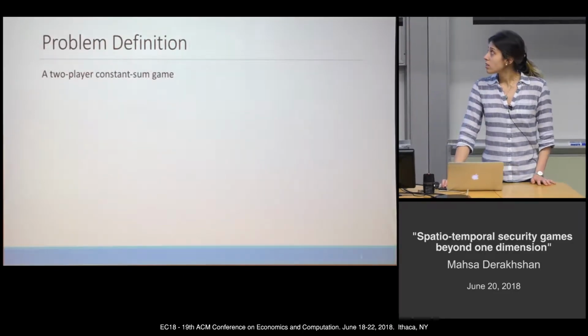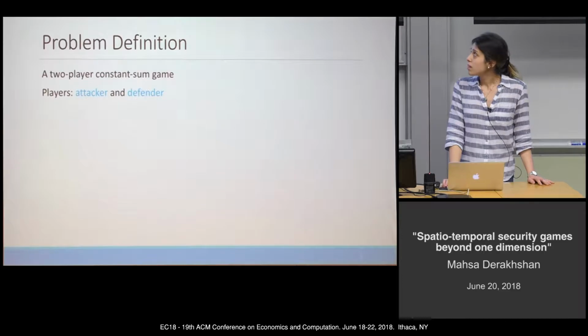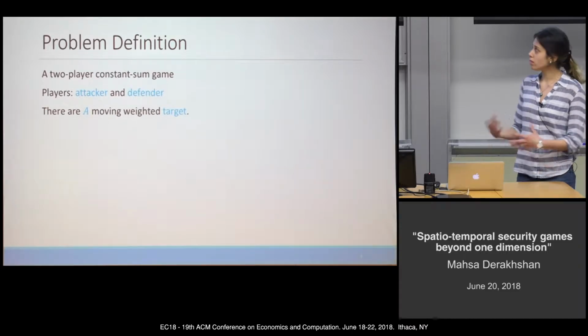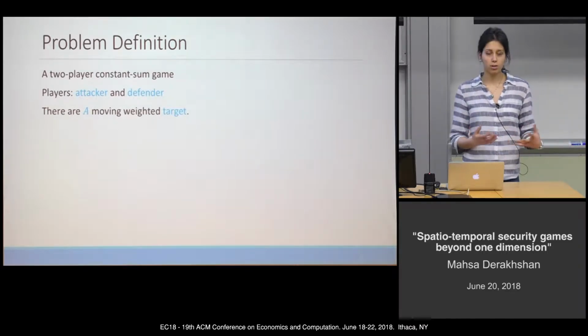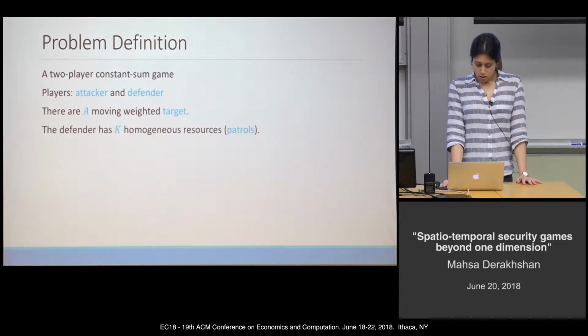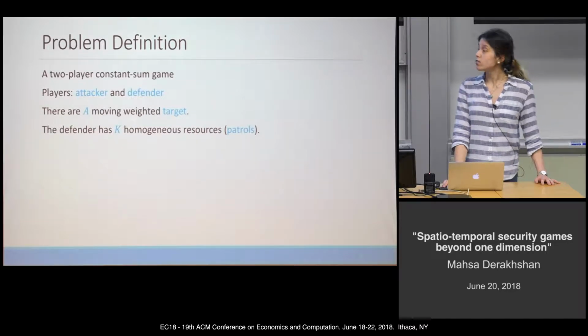As I mentioned, it's a two-player constant-sum game, and the players are the attacker and the defender. There are moving weighted targets, and the movement of targets is known in advance to both players. The defender has k homogeneous resources, which we call patrols.